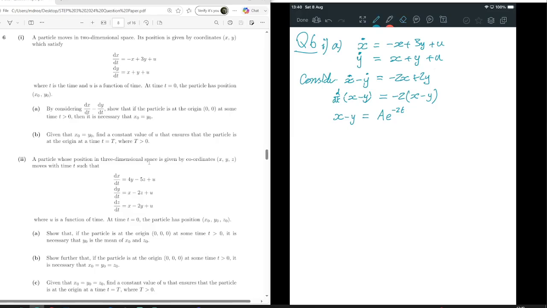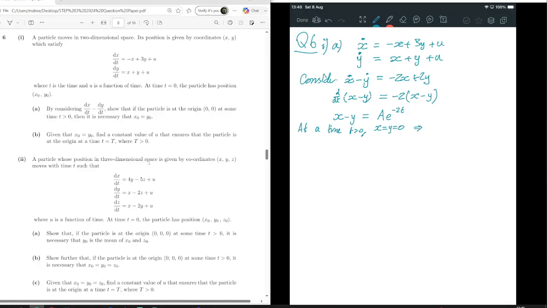So we've now been told, by considering that, show that if the particle is at the origin at some time t greater than 0, we are saying that x equals y equals 0.